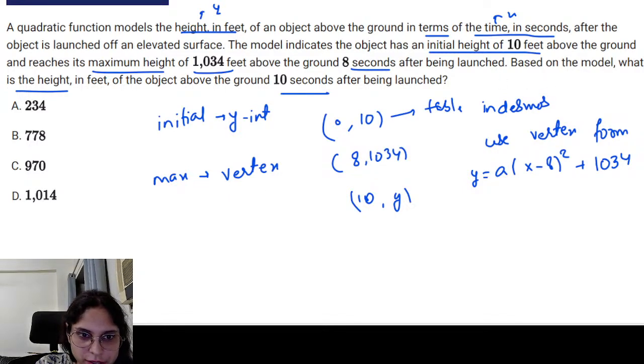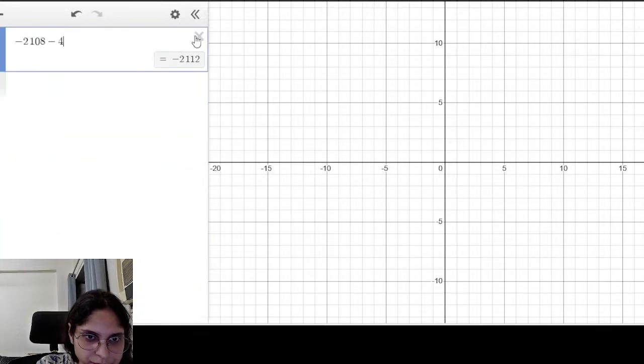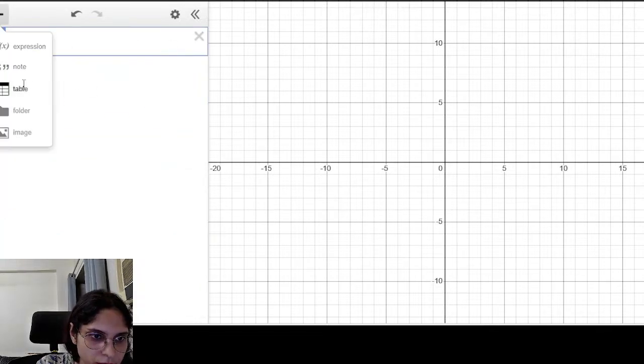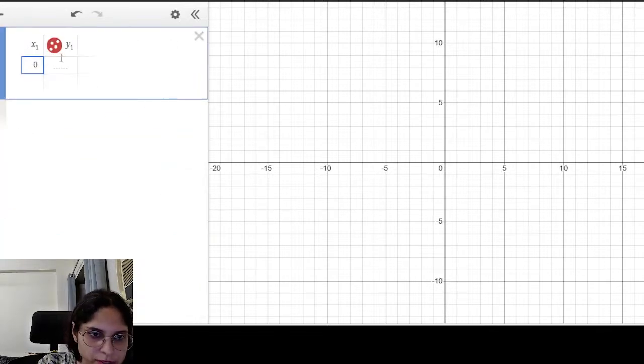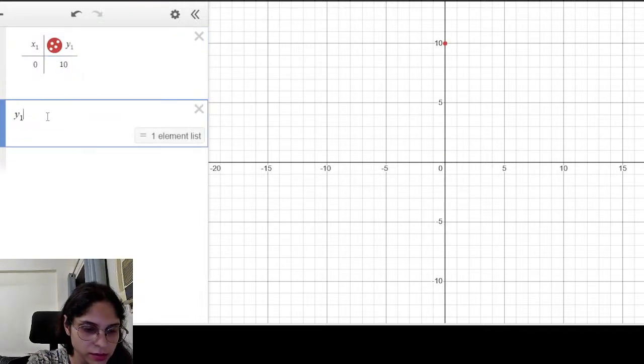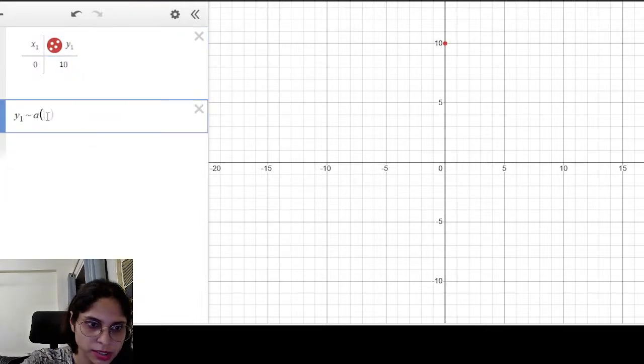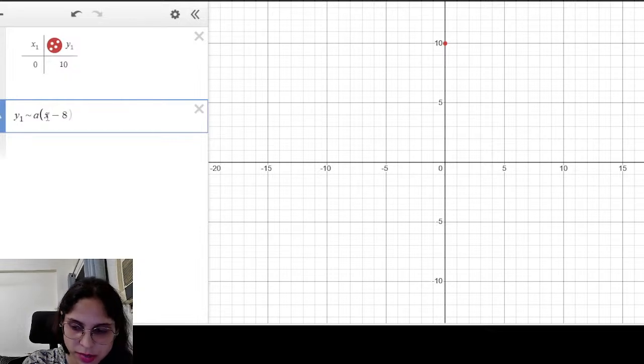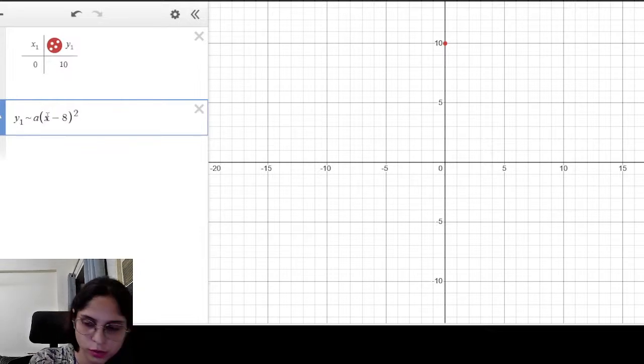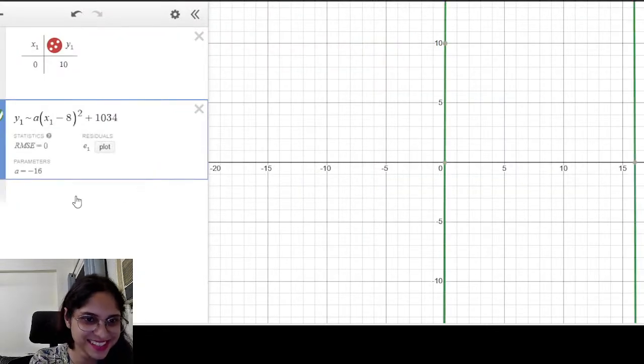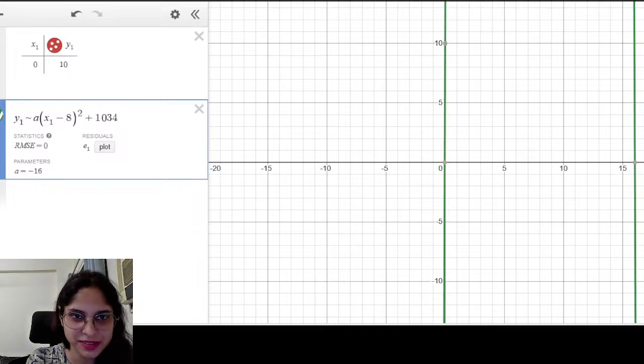Now once you have got this, you go here. In your table, point is 0, 10. Your equation is going to be a times x minus 8 whole squared plus 1034. The value of a is negative 16.